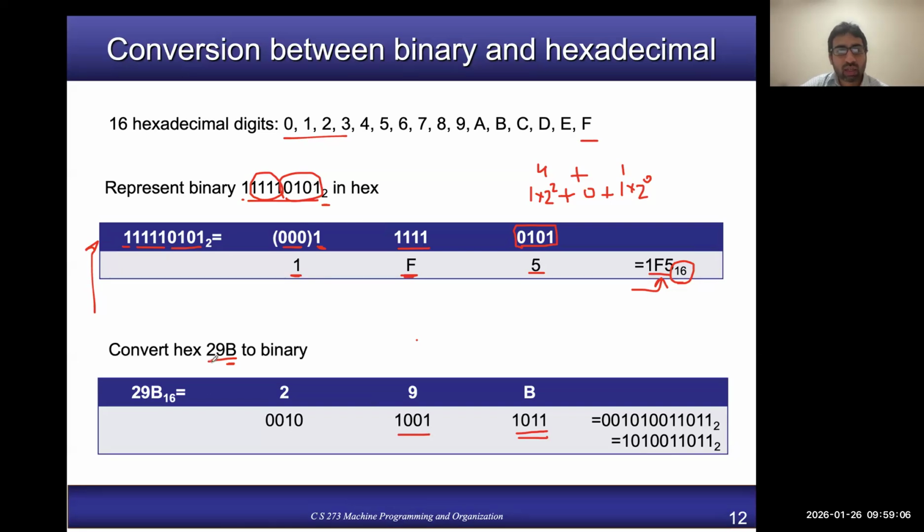And the next digit is 2. You write the 4-bit binary of 2, which is 0010. Then you simply combine them. So it becomes this number, right? In the final version, you can drop the leading two zeros because they have no significance. So it will become this number.